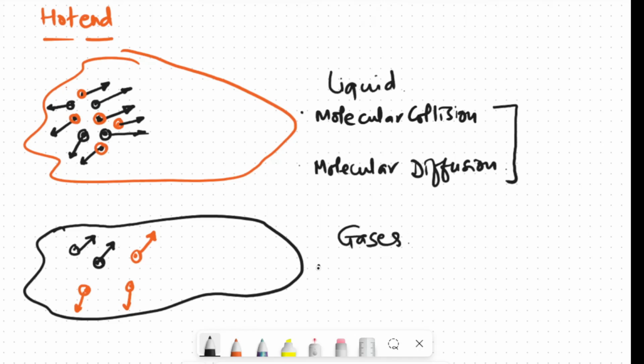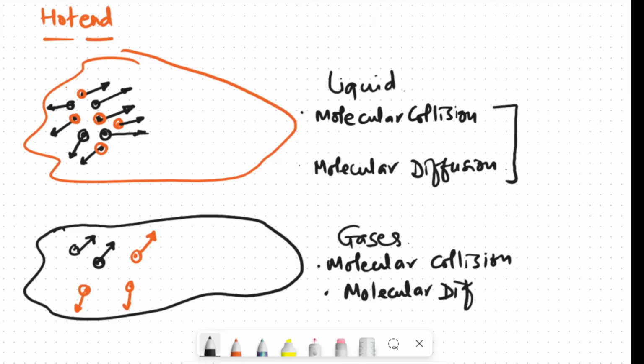Molecular collision and molecular diffusion is responsible for heat conduction in case of gases, but there may be chances that the molecules don't collide with the less energetic molecule. Till they travel to the next molecule, the energy will be lost and the conduction will not happen.